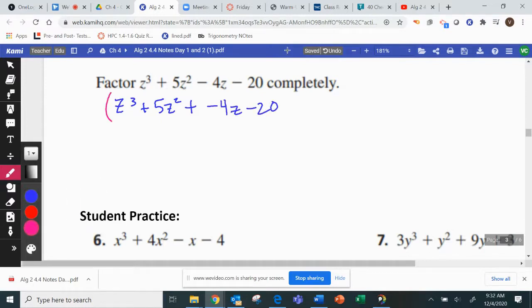And then I will group them. Then we look for factoring the individual groups. So this one has a z squared I can pull out. And the other one, I'm going to have to take out a negative 4.